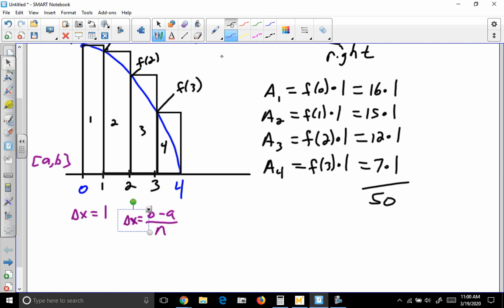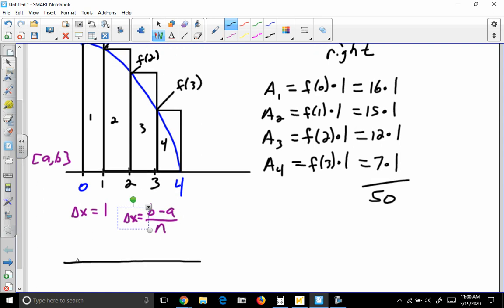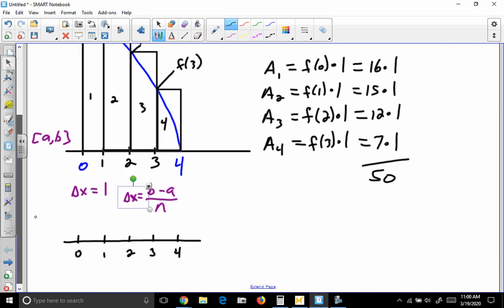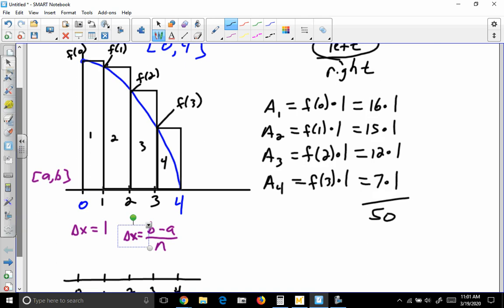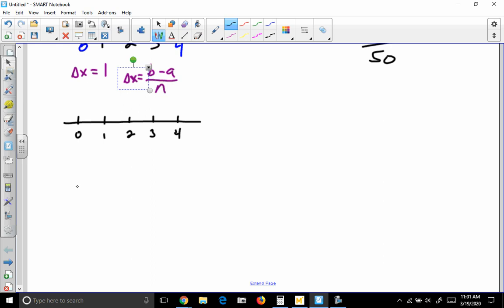So let's look at our intervals. So our interval started at 0 and then it went 1, 2, 3, 4. And we were doing a left-hand sum, so we needed f of 0, f of 1, f of 2, and f of 3. So let's let I be our counter.